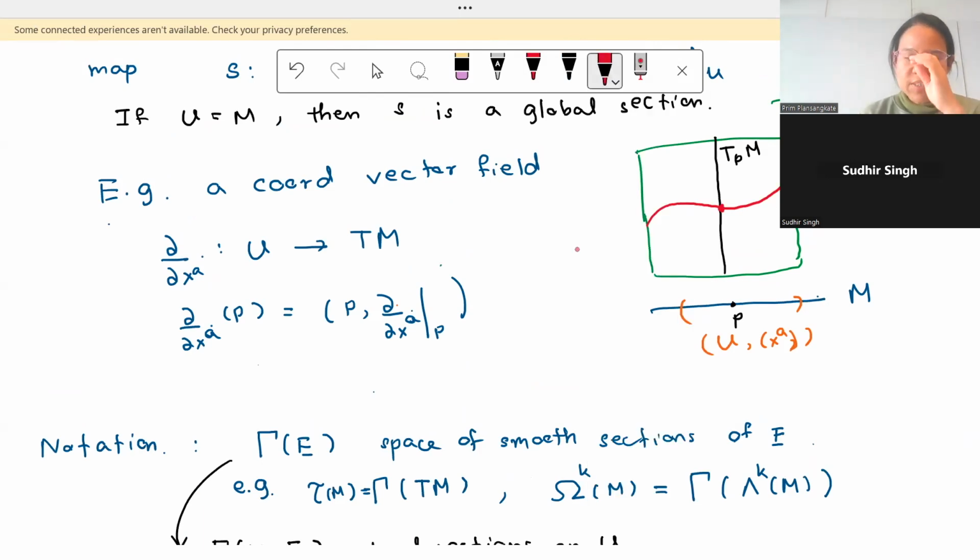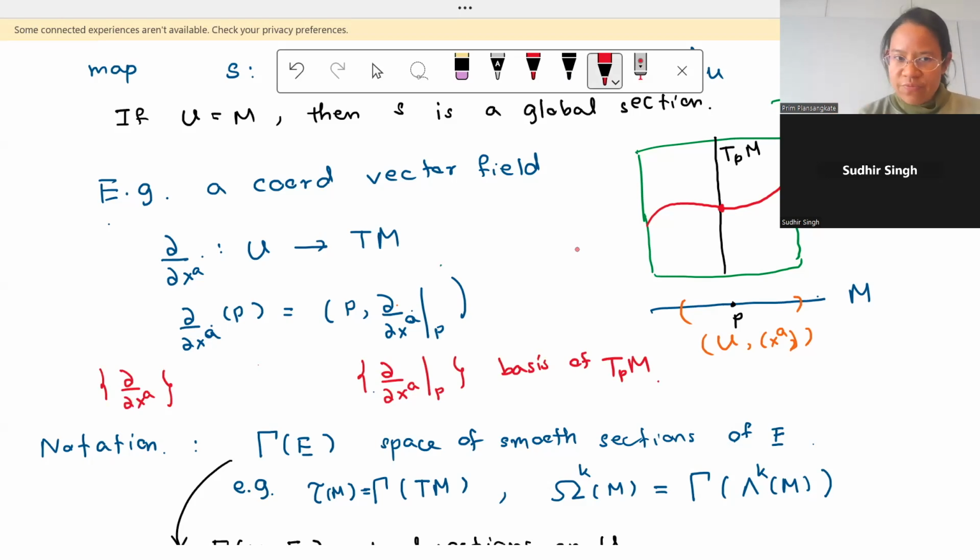This is a special section of the tangent bundle because if you recall, the set of coordinate vectors at each point is a basis of the tangent space.